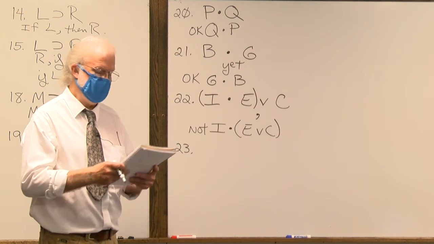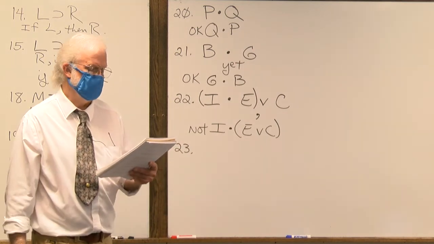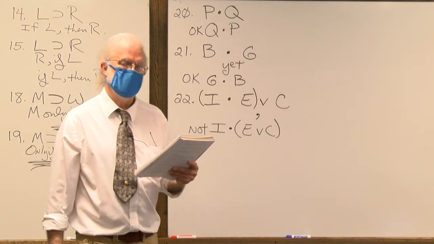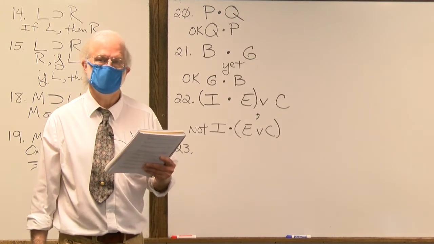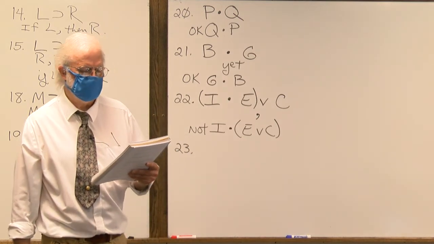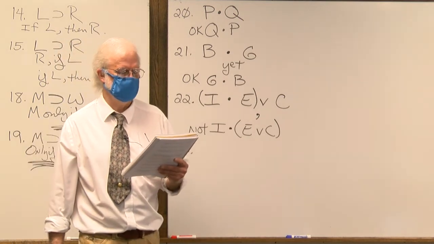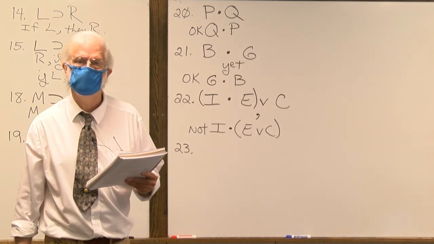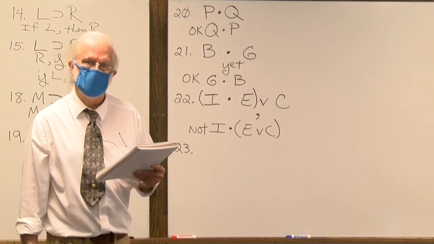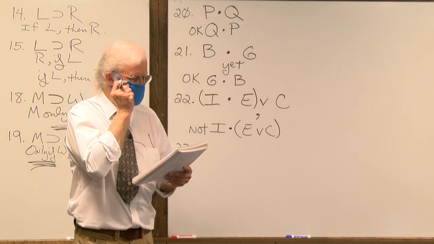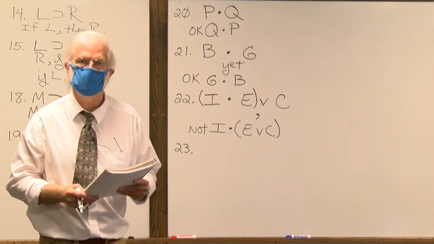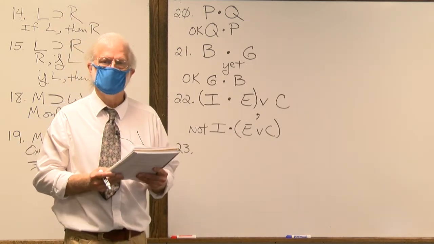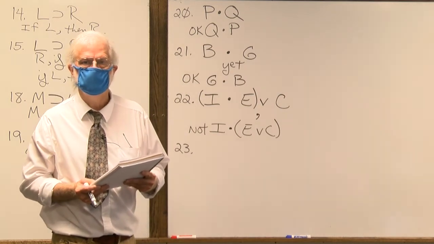Looking at the top of page 213, for number 23, we see that L means life has meaning. And X represents the simple statement, true love exists. How would we translate the compound expression, either life is meaningless or true love exists?